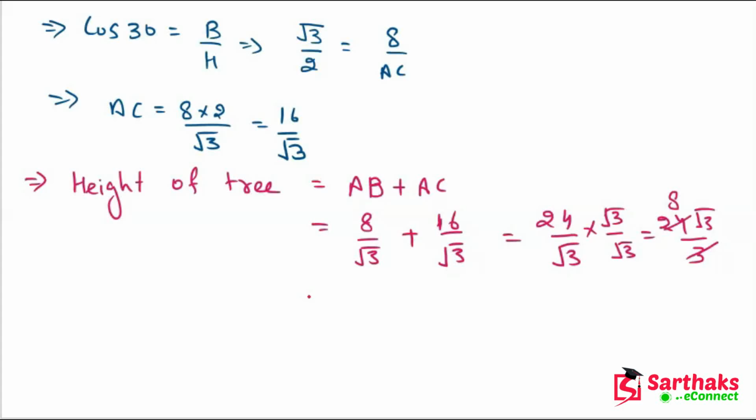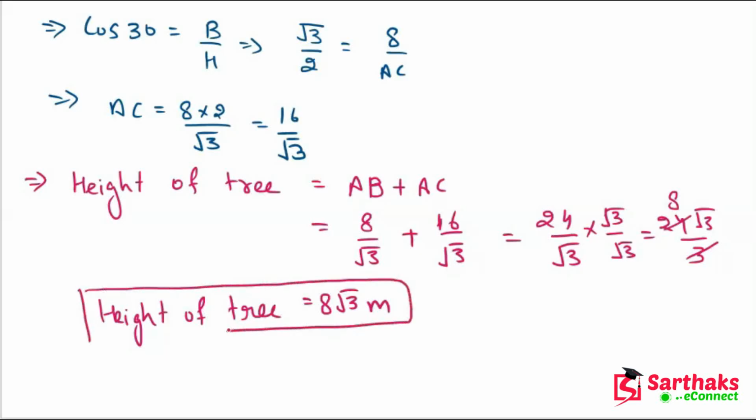So we get 8 root 3 meter. So this is the height of the tree. So both answers are correct, 24 upon root 3 or 8 root 3. Yeah. So now let's move on.